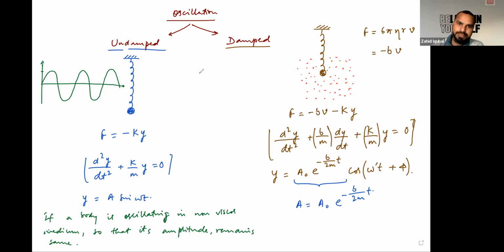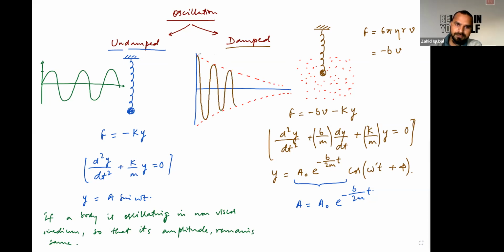So if you plot variation of this amplitude with respect to time, the graph will be like this. At t equal to 0, amplitude will be maximum, and it decreases exponentially with time.